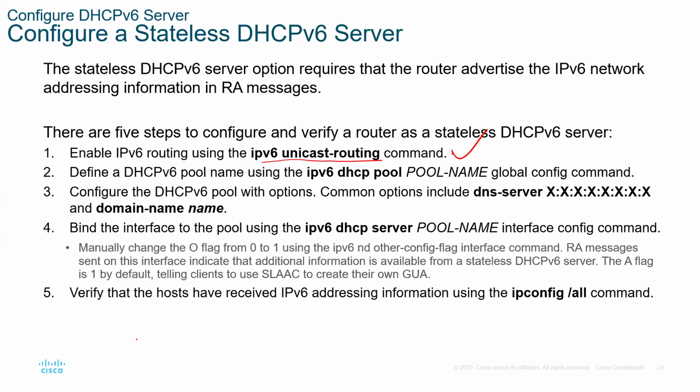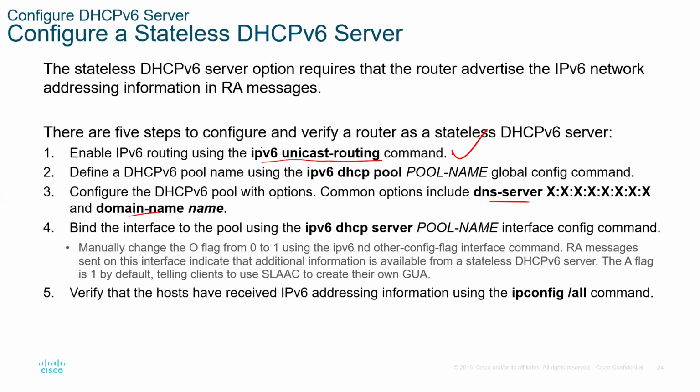By default, it is not enabled. So you enable it using the command IPv6 unicast-routing. Then after that, you create a pool. When you create a pool, it will get you into the DHCP configuration mode, where you can then add these options, the DNS server, the domain name.